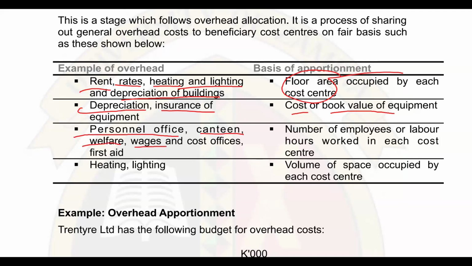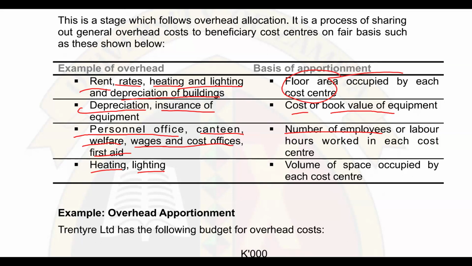We have personnel office, canteen services, welfare, wages and cost offices, first aid, among others. Those you use the number of employees, okay? Or if you have labor hours worked in each cost center, then you can use that. Where you just have heating, lighting, then you can use the volume of the space occupied by each cost center.